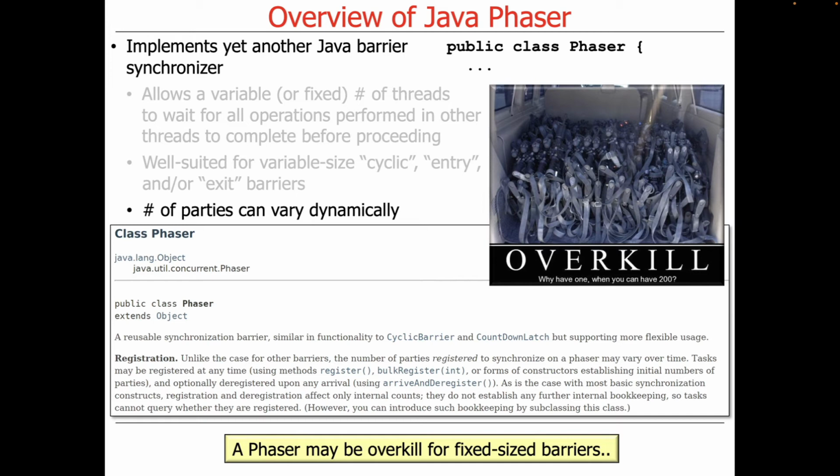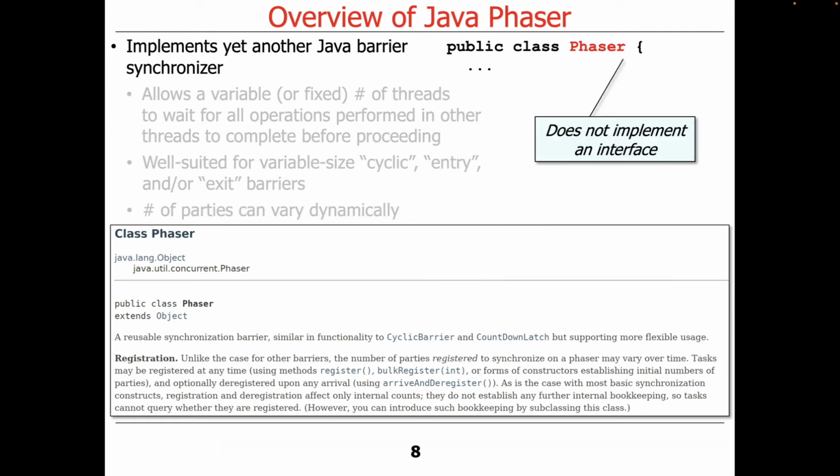Why have one when you could have 200? So it could be more than you really need to have a phaser for a fixed size number of parties. If you have a fixed size number of parties, you're probably best off just sticking with CyclicBarrier. But for the cases where you need more complexity, more sophistication, Phaser could be your cup of tea.